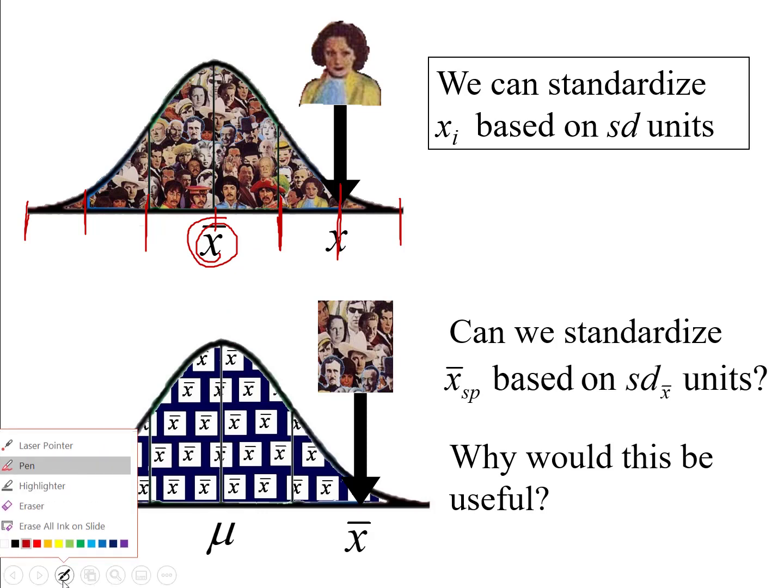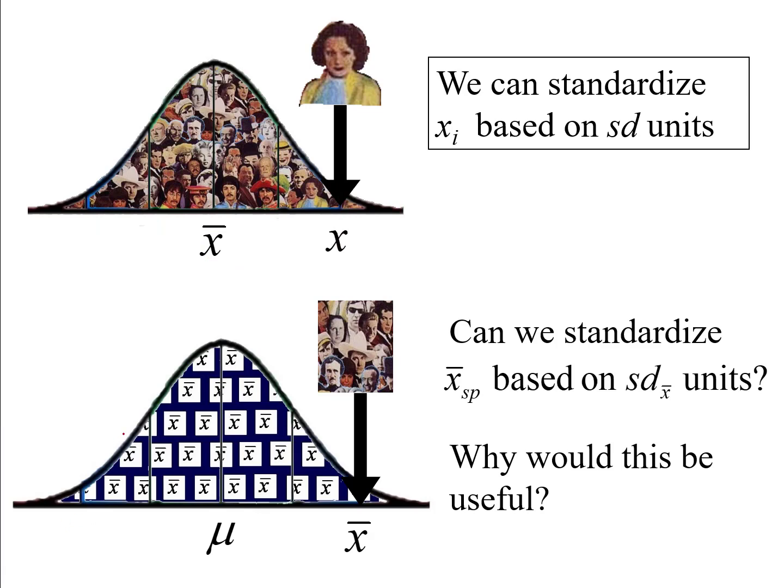Now, with our bottom distribution, we talked about the fact that sampling error will always be almost perfectly normal. So I don't really even have to say, well, maybe it might be normal, maybe it's not. We're just going to say it's always going to be normal. So sampling error will always fit this bell-shaped curve just exactly like this.